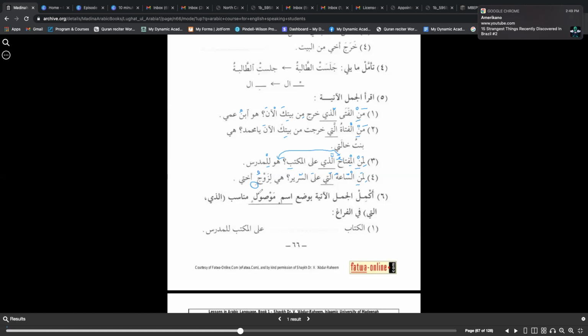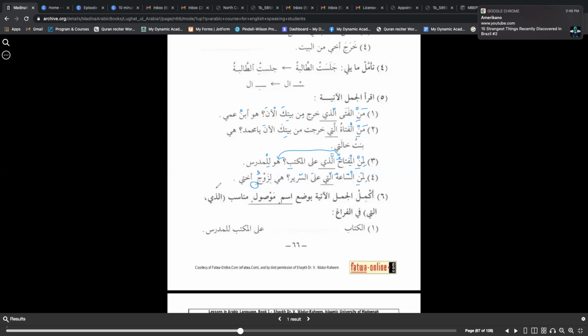It's from the verb wasala, which means to connect, or to reach. Like when you say wasaltu bisalama, I arrived. I reached safely. Wasalna Amrika bisalama, we arrived in America safely. Meaning we connected, your feet connected to the ground, so you got there safe. So ism mawsul is alladhi and allati.